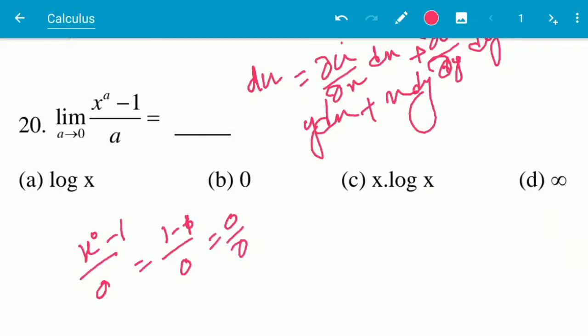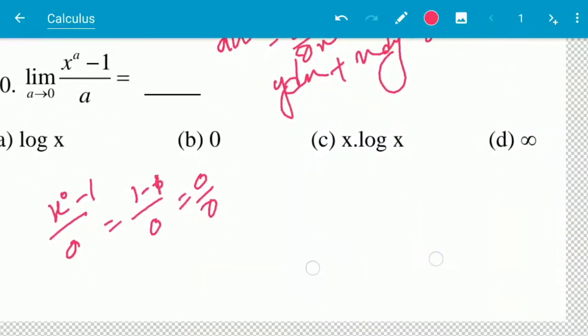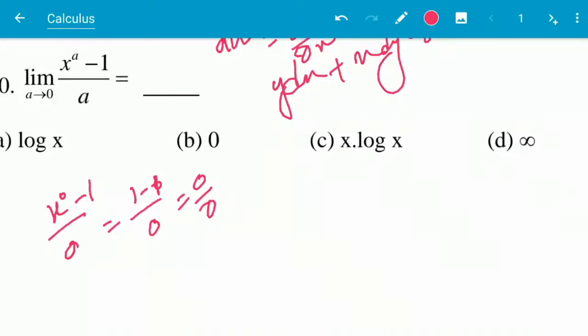So we have to differentiate both numerator and denominator according to L'Hospital's theory. Differentiating the numerator gives x to the power a log x, because here a is the variable and x is constant, and minus 0, and the denominator gives 1.